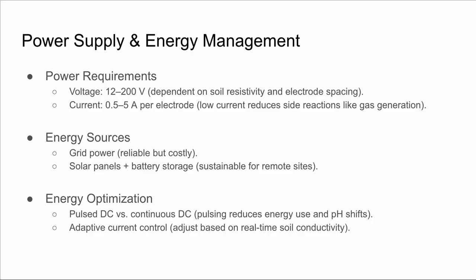For energy, we use grid power or solar panels with batteries, which are great for remote sites. To save energy, we can use pulsed DC instead of continuous current to reduce pH swings.